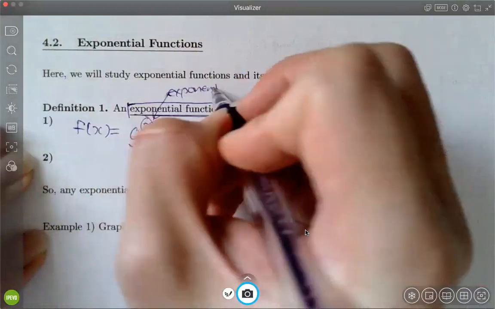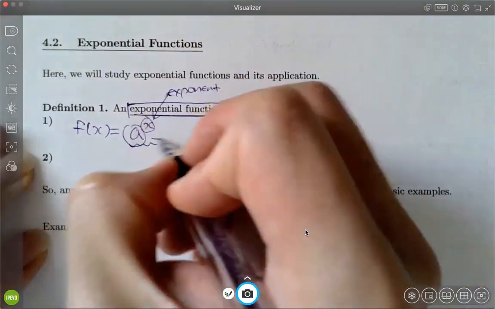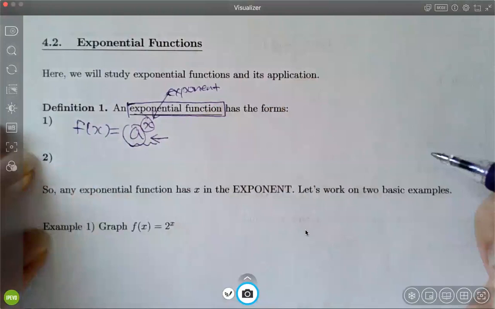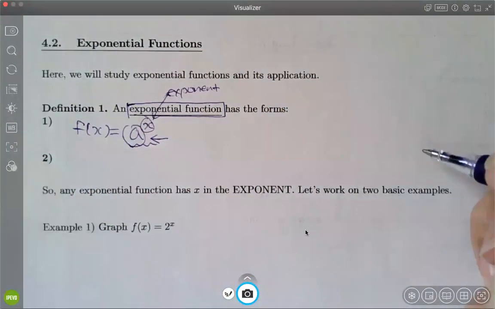What is the name of this a? Like, how do we call it, basically?